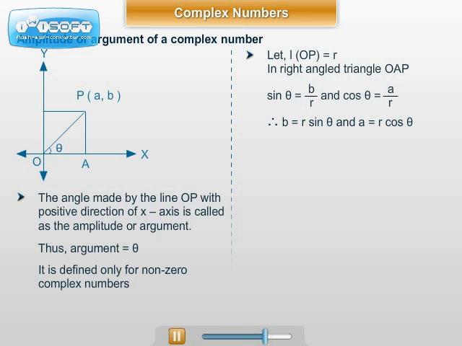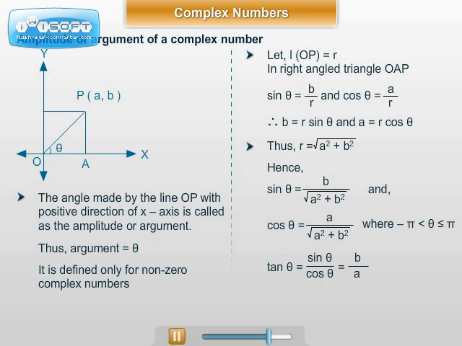From the figure, in right angled triangle OAP, sin θ = b/r, therefore b = r sin θ. Also, cos θ = a/r, therefore a = r cos θ. Clearly, r = √(a² + b²).